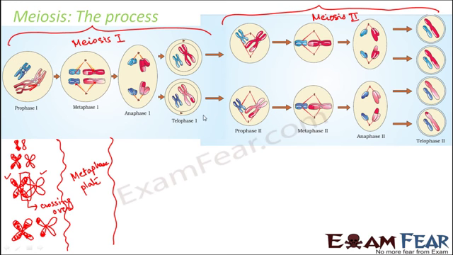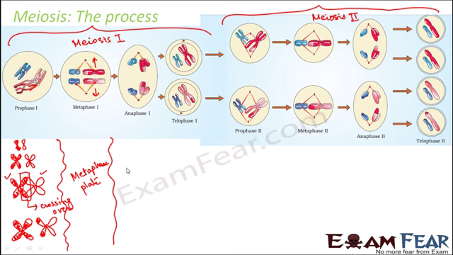Now what happens in anaphase 1? In the next phase, the homologous chromosomes separate. Once they get aligned at the equator, what happens? This spindle fiber tends to push it to this side, and this one pushes it to this side, so both are separated away from each other. But the sister chromatids are still attached.